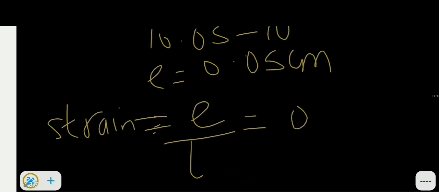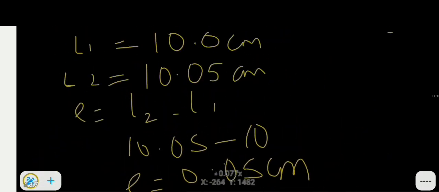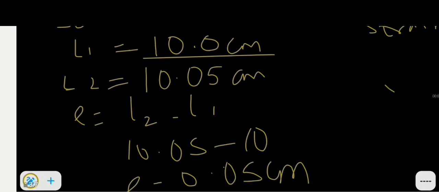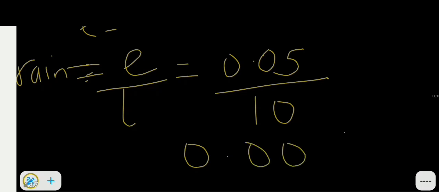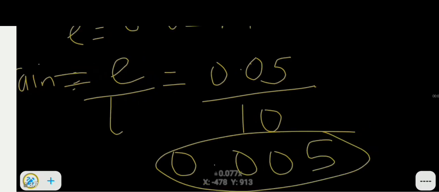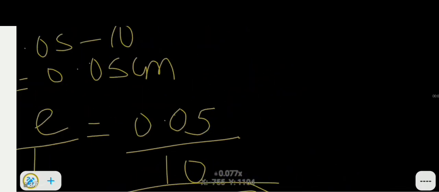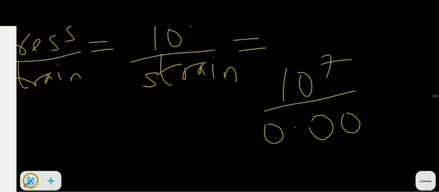So that will be 0.05. You divide that by the original length. The original length in this question is L1. What's L1? L1 is 10. Okay, so you're going to put 10 under this part here, 10. So if you divide this by 10, you're going to get 0.005. So this is the strain. Just carry this value and plug it into the value for the Young modulus. So if you plug that in, you're going to get 10 to the power 7 divided by 0.005.